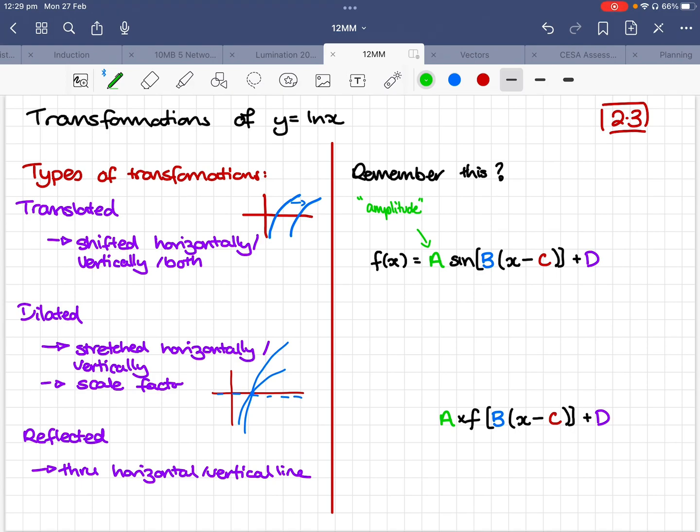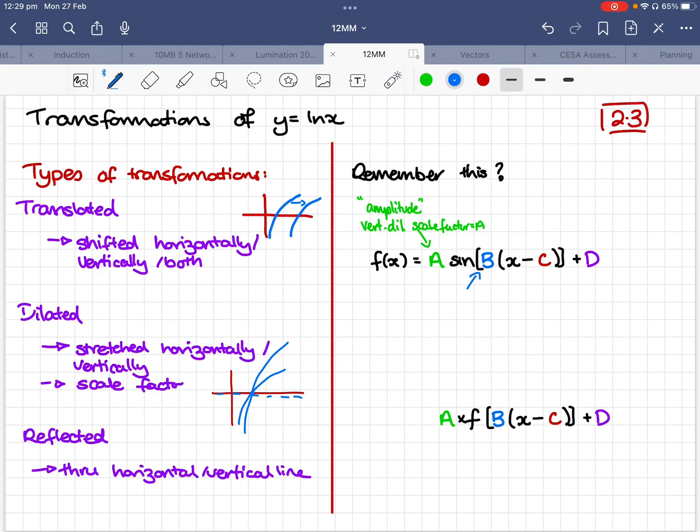In fact, this really is our dilation, a vertical dilation with a scale factor equal to A. Everything is A times as far away from the x-axis as it was if the A wasn't there. If we had 3 sine of x, everything is 3 times as far away. The maximum is 3 rather than 1. So that's the first parameter.